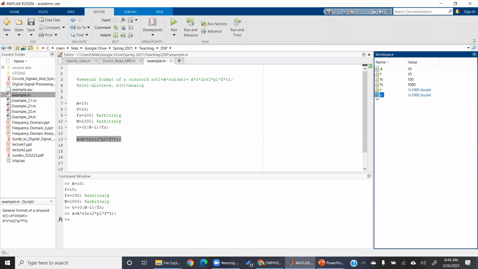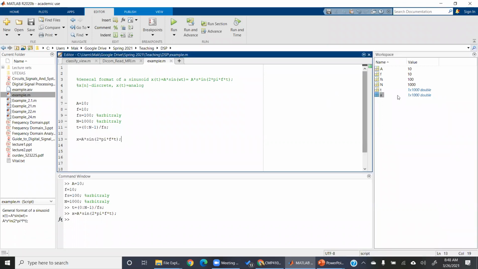Now remember, there has to be correspondence between the independent value, which is t, and the dependent variable, which is x. They must be arrays of the same size. And I think you can see it here. All of them have 1,000 numbers inside them.